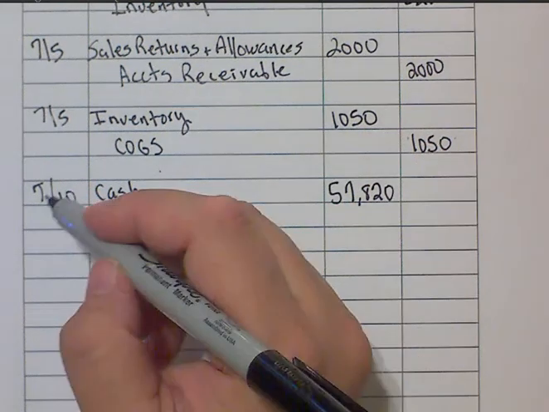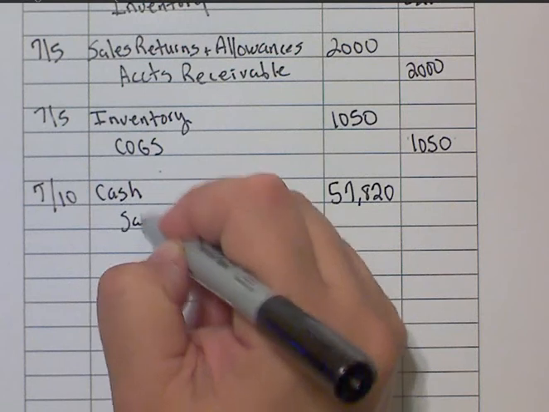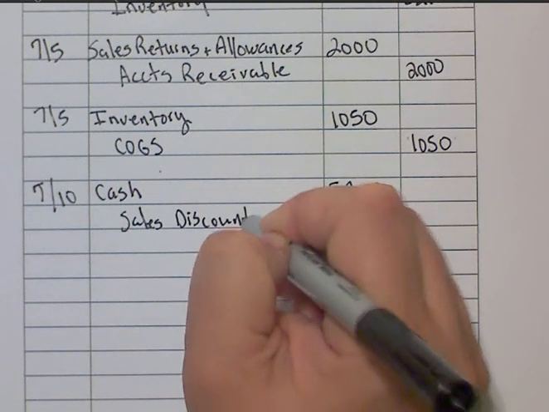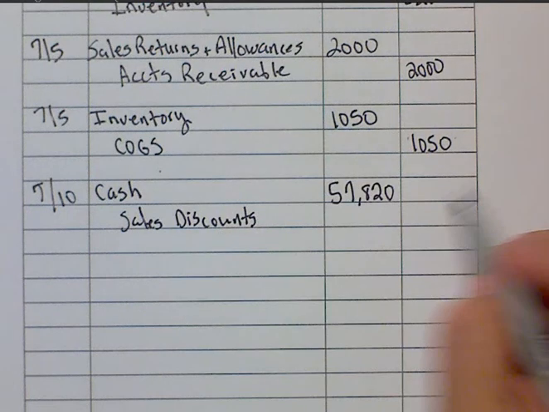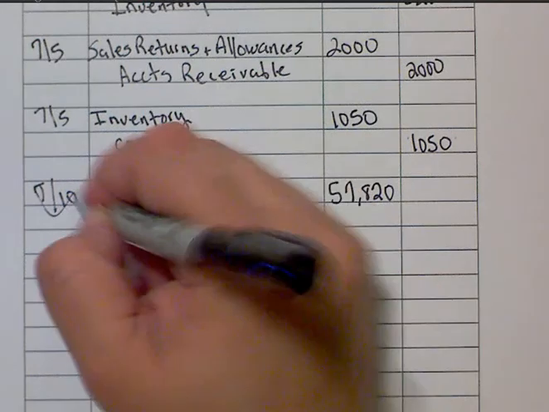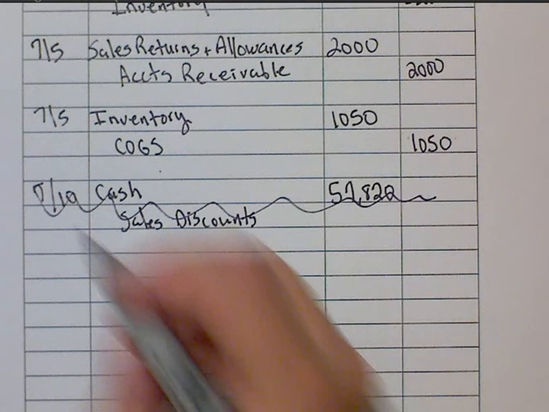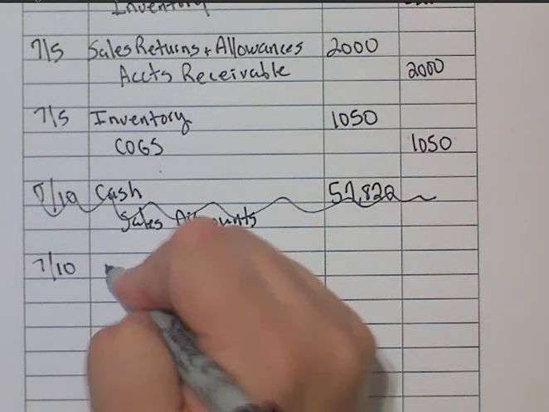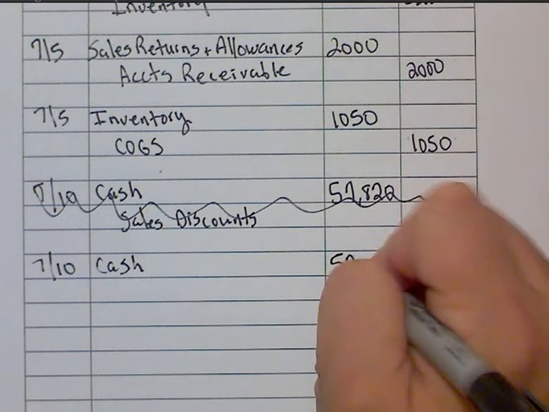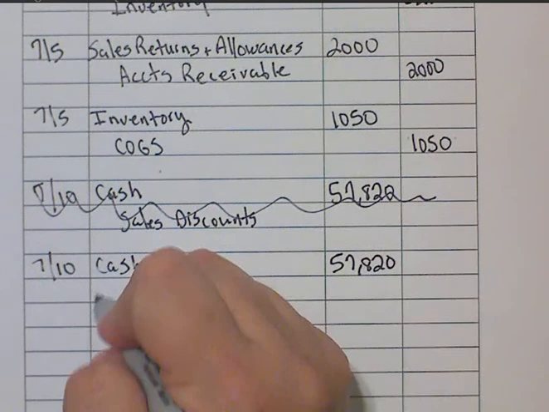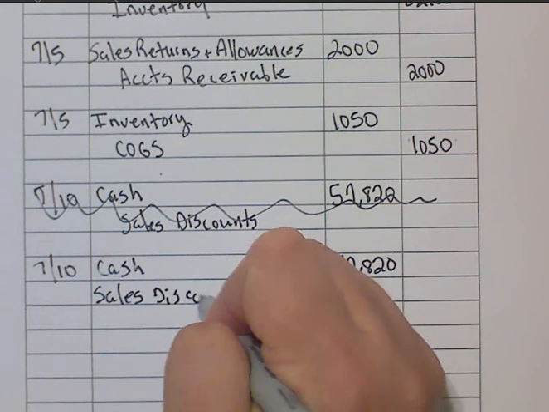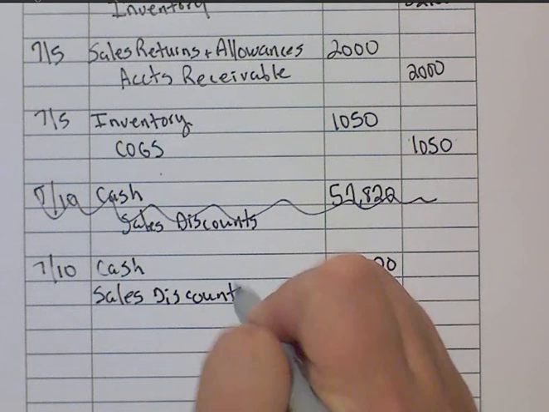We're going to debit sales discounts. So let's just start this over. So debit to cash for $57,820 and a debit to sales discounts for the $1,180.